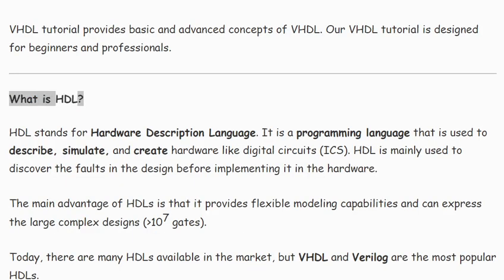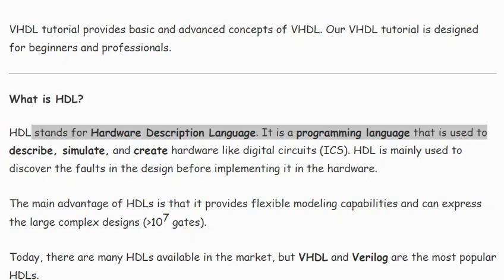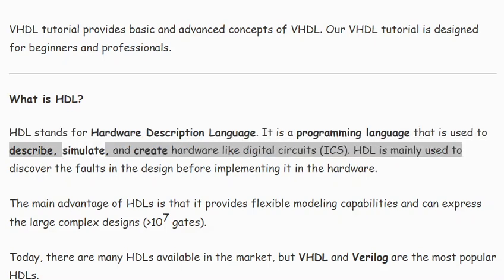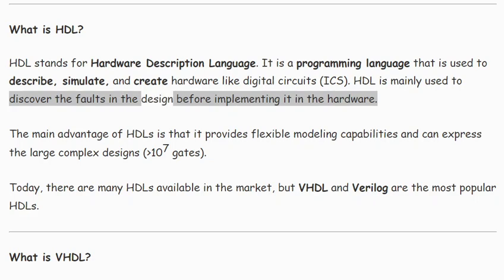What is HDL? HDL stands for Hardware Description Language. It is a programming language that is used to describe, simulate, and create hardware like digital circuits, ICs. HDL is mainly used to discover the faults in the design before implementing it in the hardware.